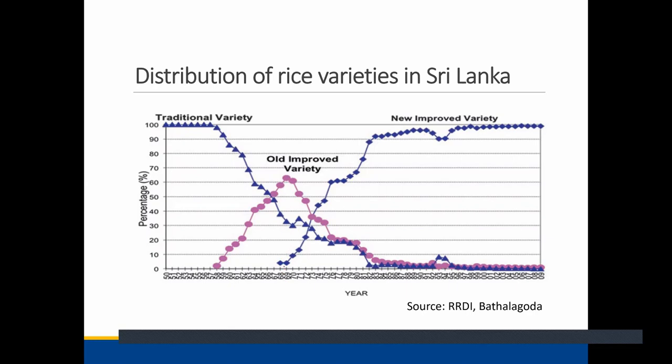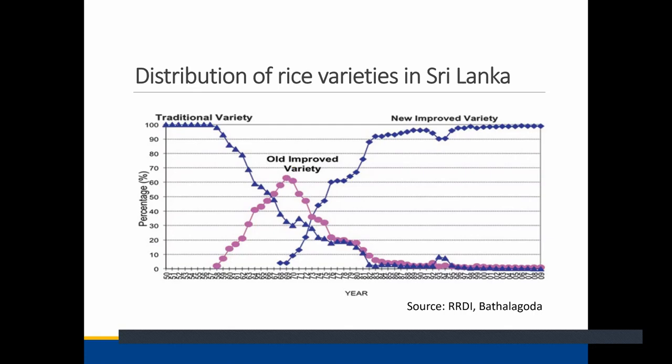Somewhere in the 1970s, the newly improved varieties were developed. Then this improvement happened, and now we almost entirely grow newly improved varieties. That kind of message is needed, but the values are not required. You don't need to memorize and copy the exact graph.